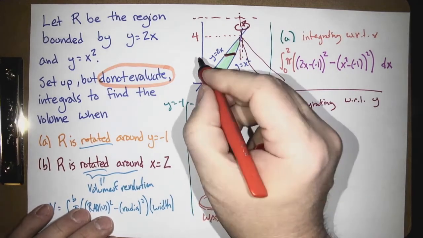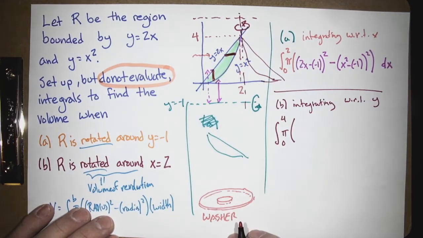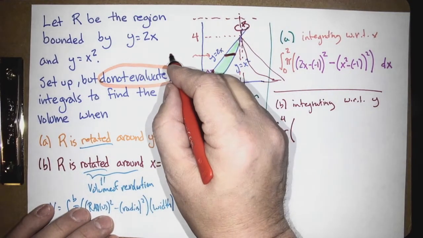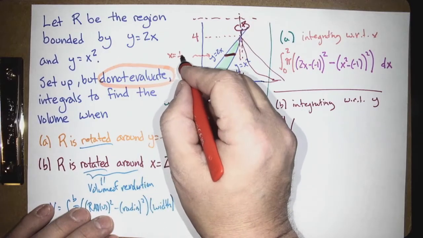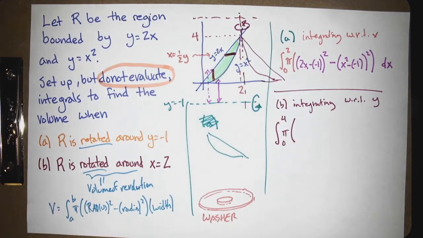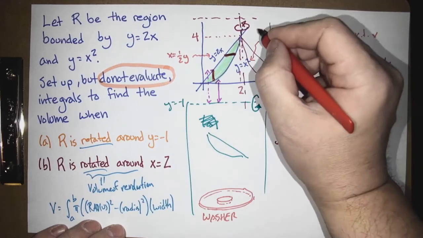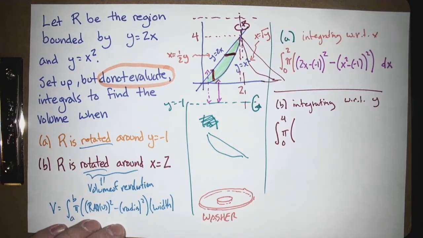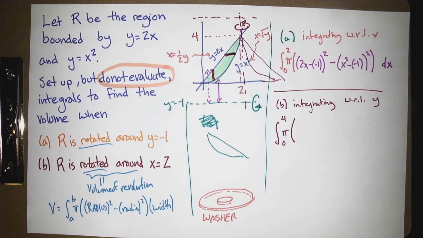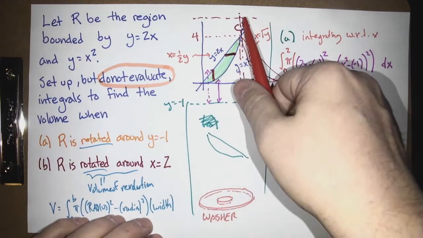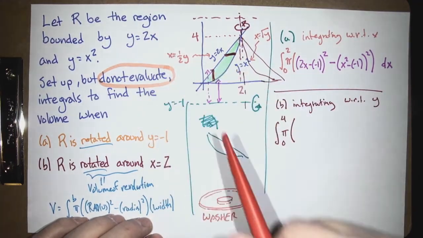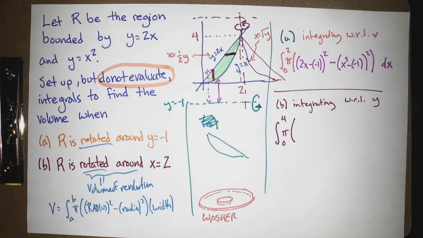So y equals 2x, what's another way to write that? x equals 1/2 y. Divide by 2. Y equals x squared, what's another way to write that? x equals the square root of y. You might say, don't you need plus or minus? We just need the plus because we're staying over on this side. The minus is over on that side.